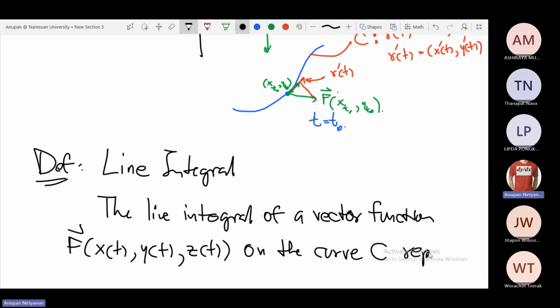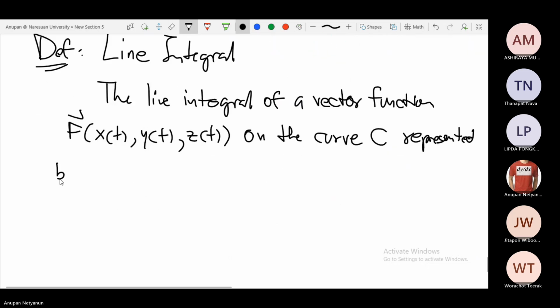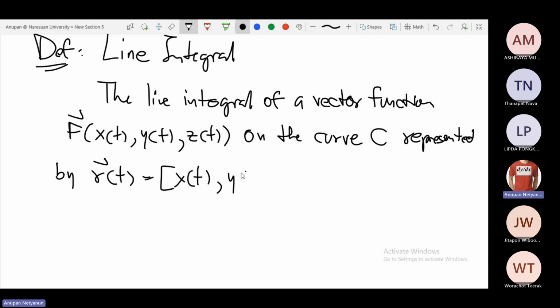represented by r(t) equal to (x(t), y(t), z(t)), and the interval of t is t between a and b.